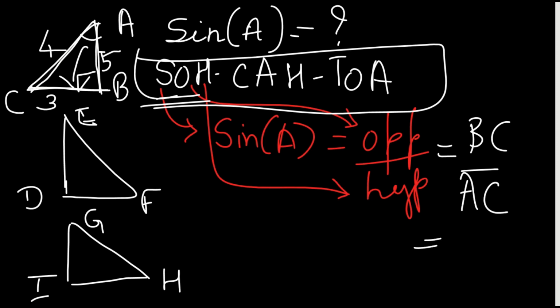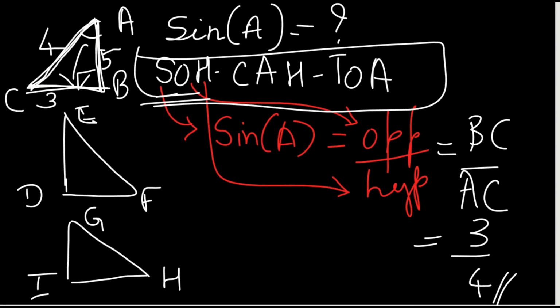So BC, what is the length of BC? 3 centimeter, 3 inches, 3 meter, whatever. Then AC is 4. So our answer is 3 divided by 4. This is our answer for the sum, sine of A.